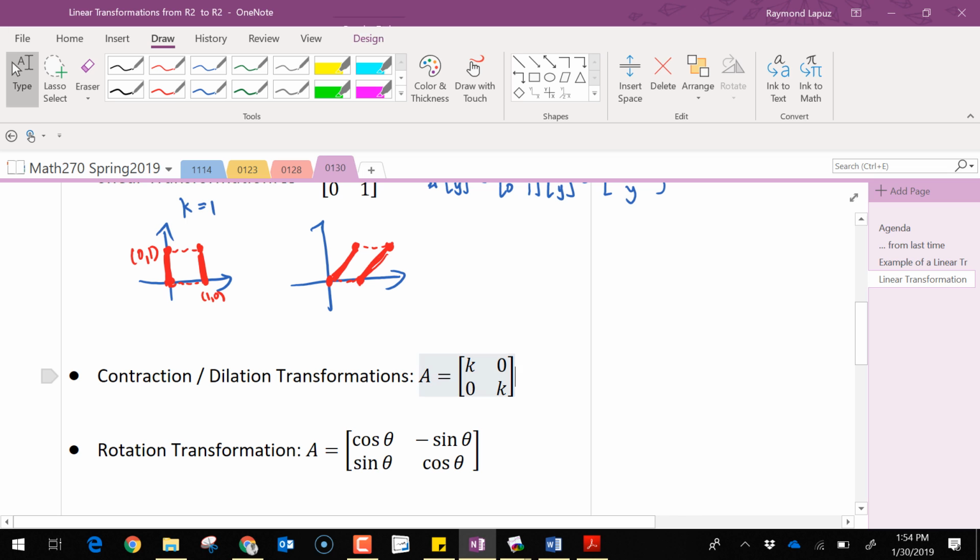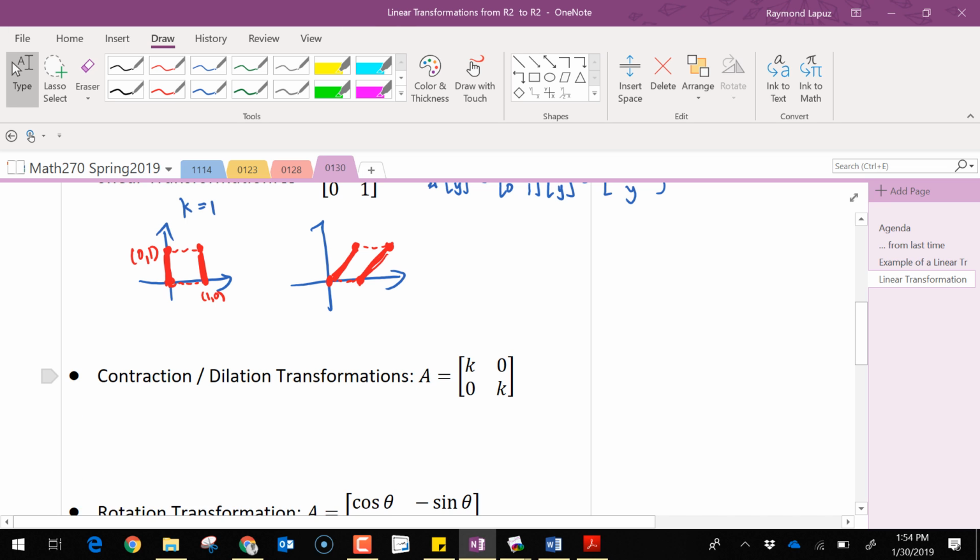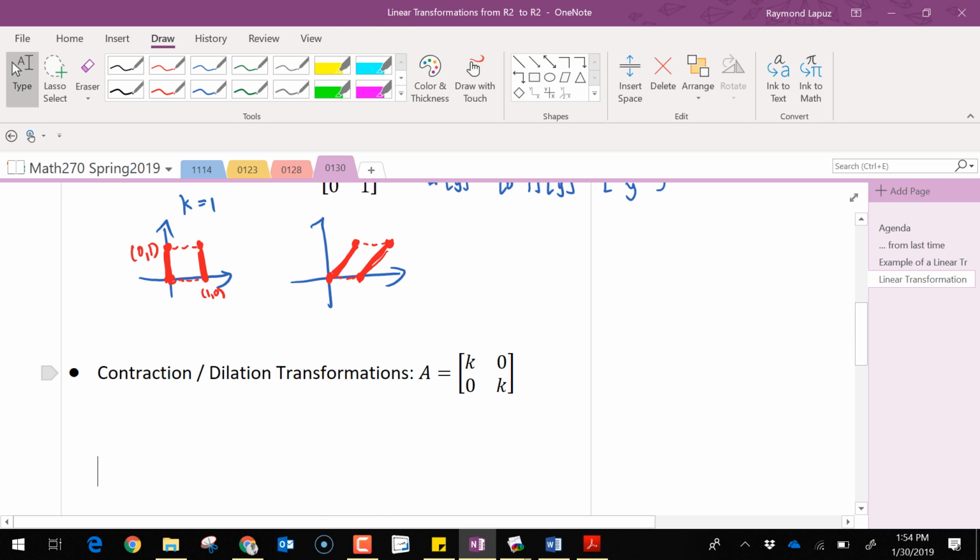Okay? And if k is negative, then it's probably going to go the other way. If k was larger, it's going to shear larger. Contraction, dilation, can you imagine what this is going to do? Well, to help us imagine, maybe we could just take a look at what happens to x, y values.